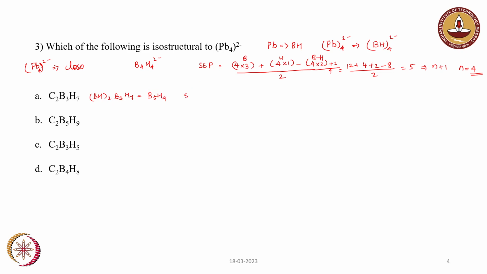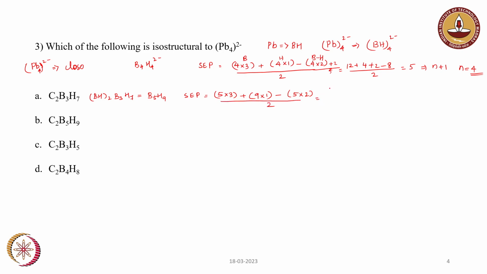And SEP is equal to 5 borons, 5 into 3 plus 9 hydrogens, so 9 into 1, then no charge is present, and 5 BH units, 5 into 2, divided by 2.